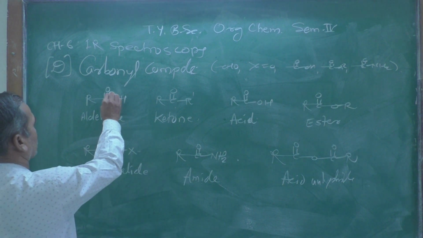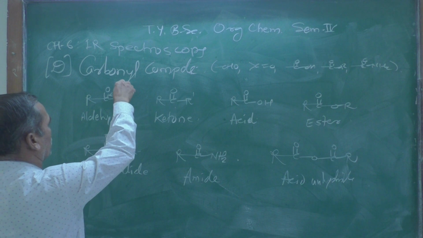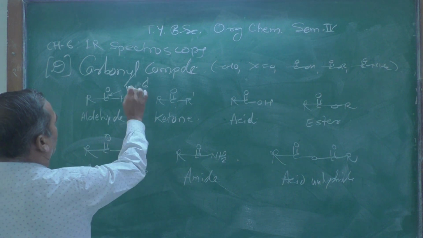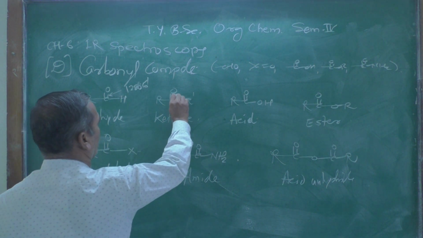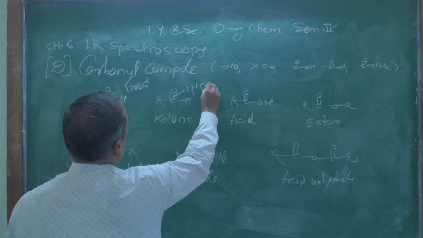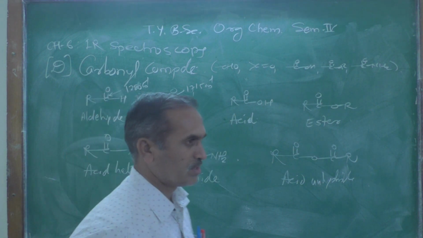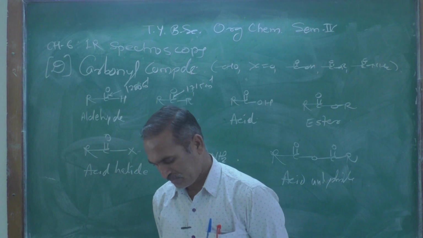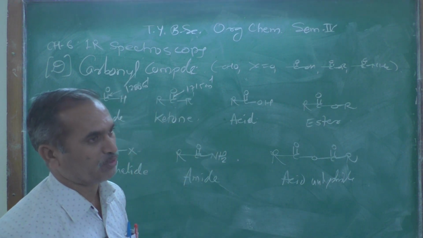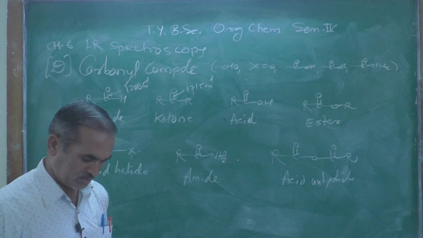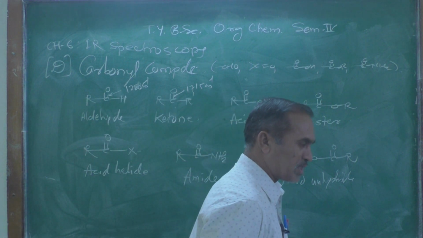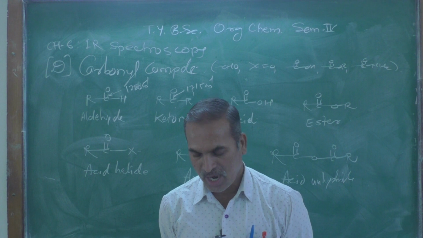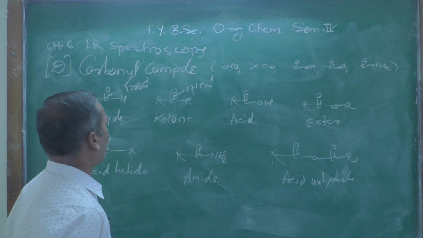If you observe this, there is a carbonyl group, and here you will find 1715 per centimeter, because aldehyde as well as ketone both contain the carbonyl group, and therefore a strong and noticeable characteristic absorption peak appears around 1700 per centimeter.